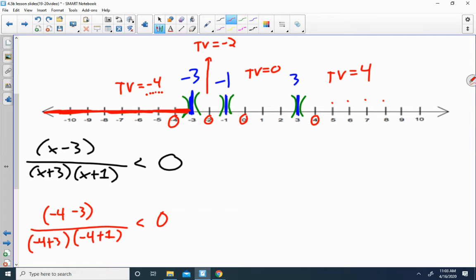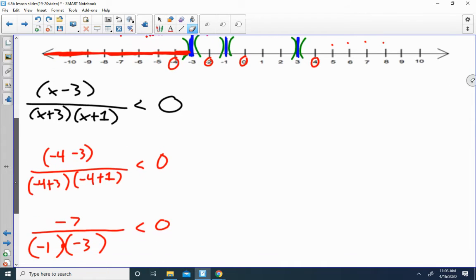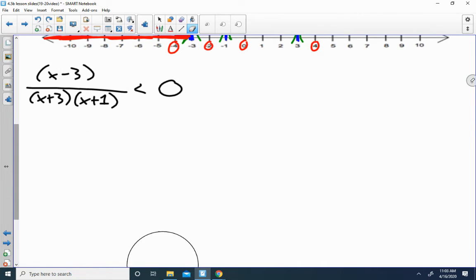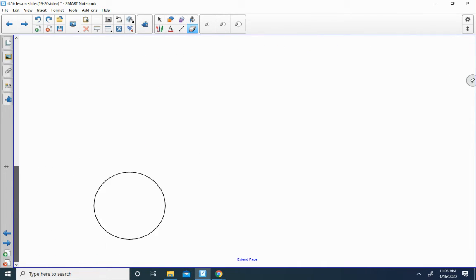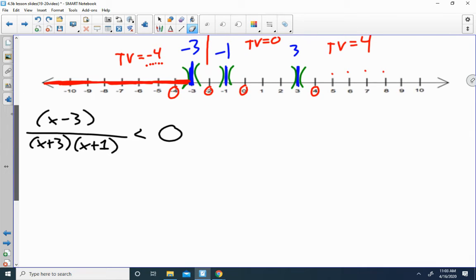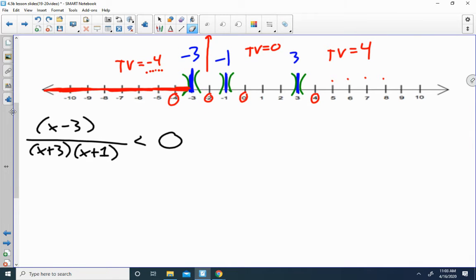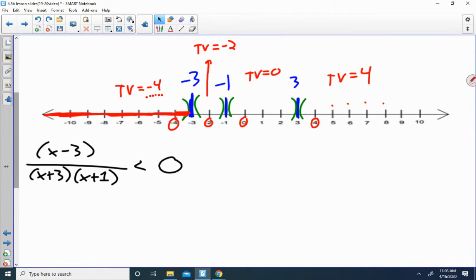All right, now let's do the same thing for the second one. I'm going to go ahead and erase the work for the first one just to make room so it doesn't look sloppy. This time, we're going to plug in -2 and see what happens.